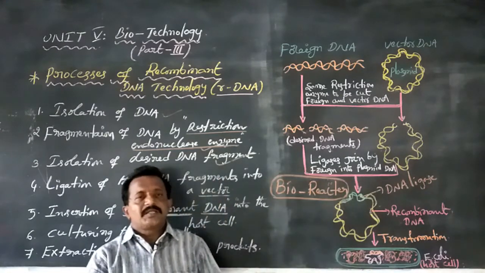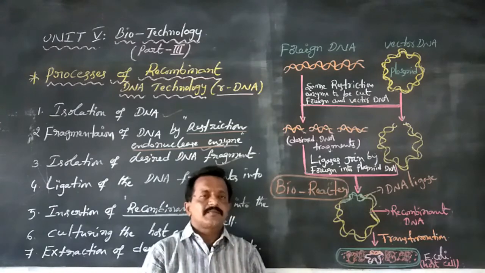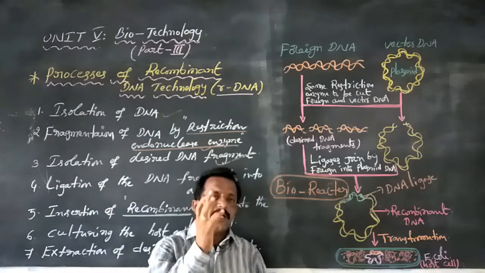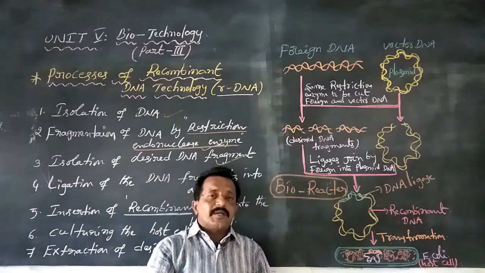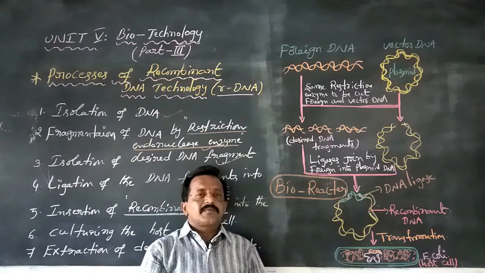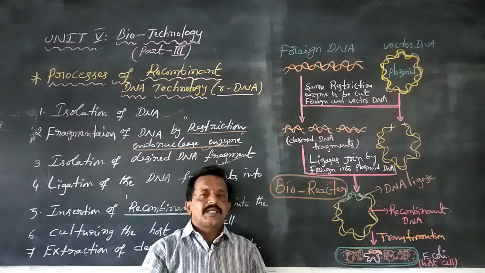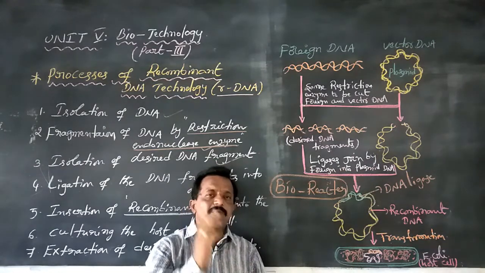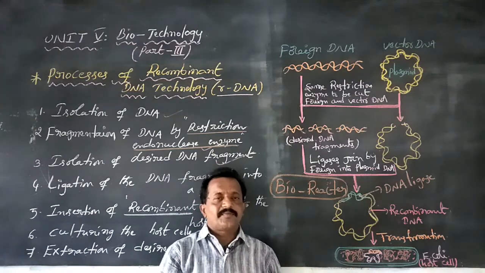bioreactor. Generally, a bioreactor is a large vessel which is used for the biological conversion of raw materials into the production of enzymes and proteins available in plant cells, animal cells, and also human cells.